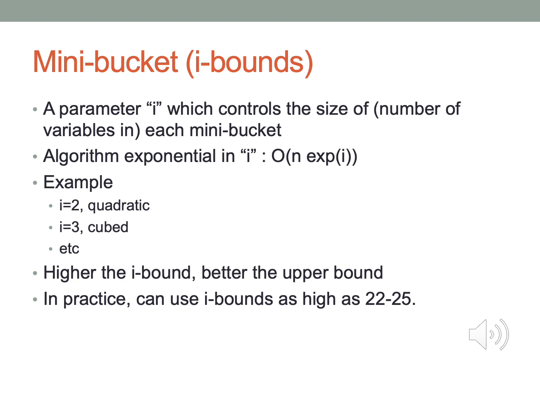So similar to IJGP, or iterative join graph propagation, we can use the parameter i to control the number of variables in each mini bucket to yield an algorithm whose complexity can be controlled by a user-defined parameter. That parameter being i, where I will refer to the parameter as the i-bound.